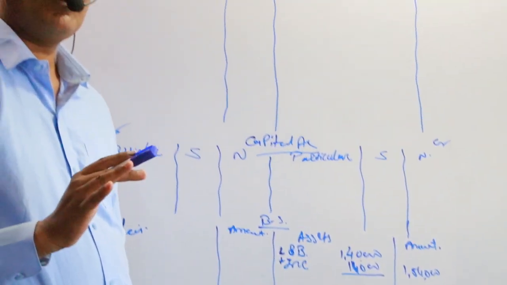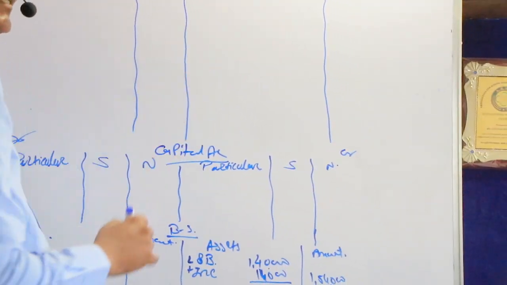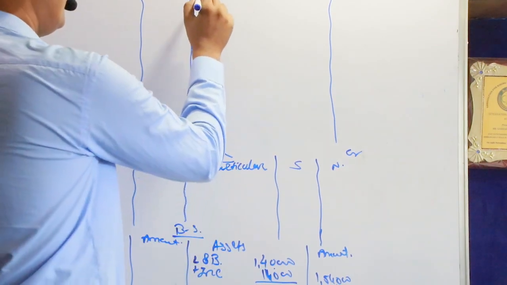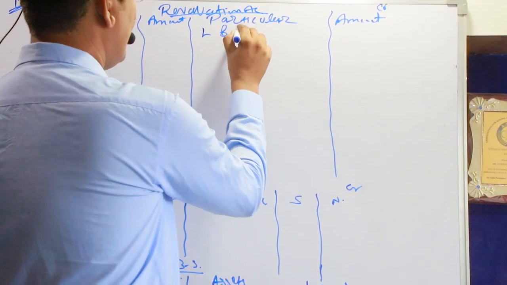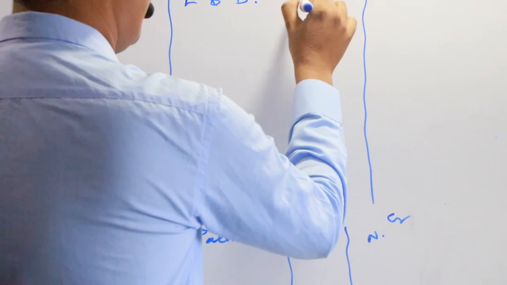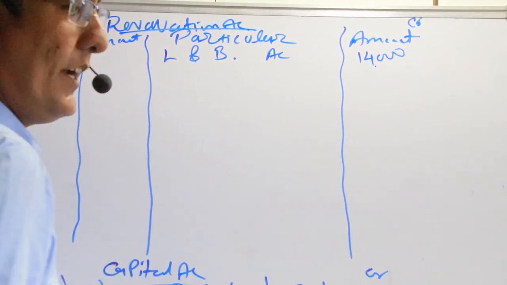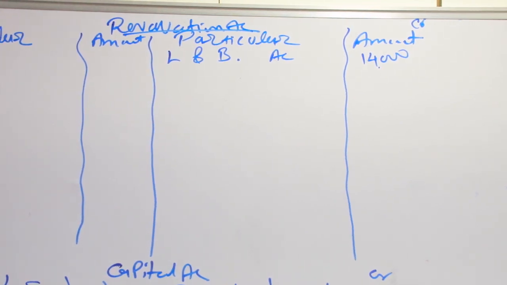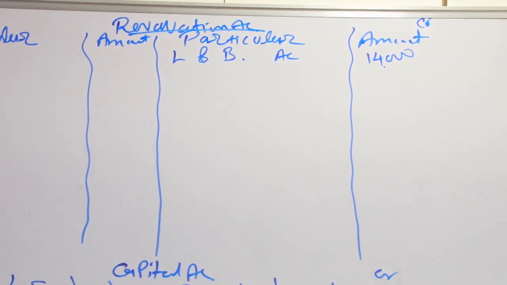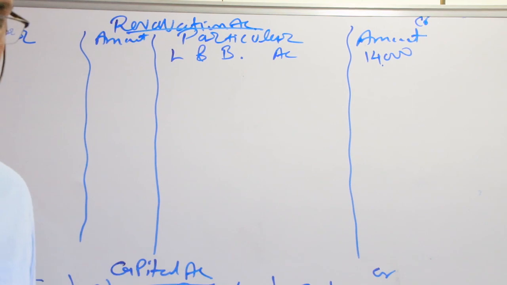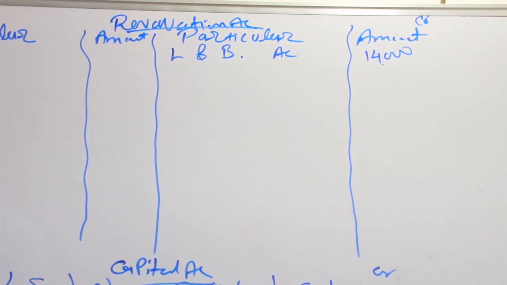That's why we are recording which side? Credit side. What we write here? We write here land and building account 14,000. Is it?